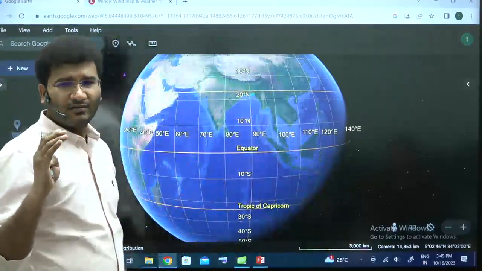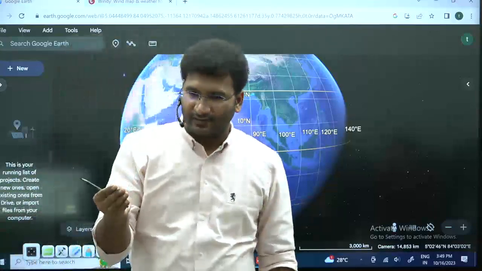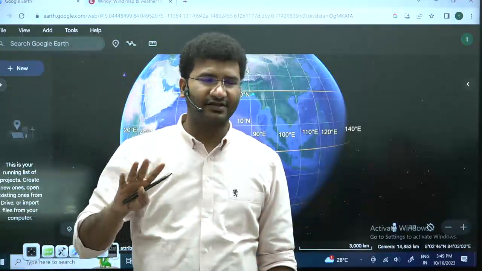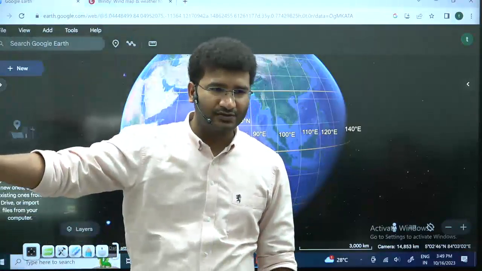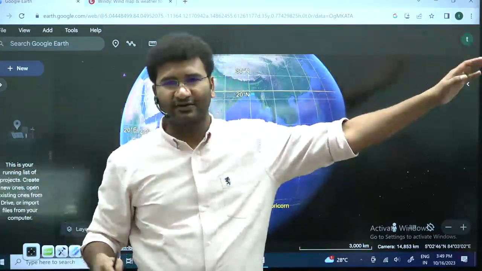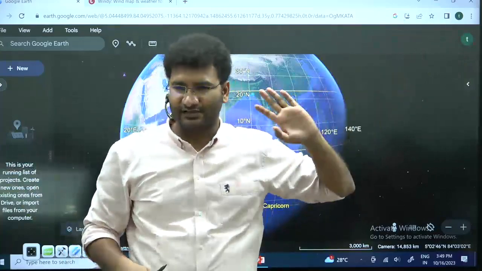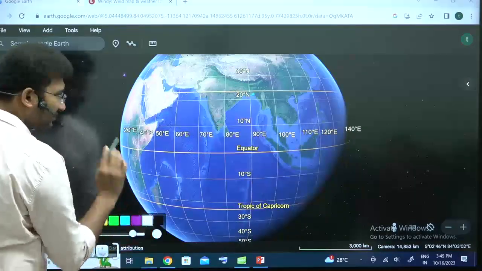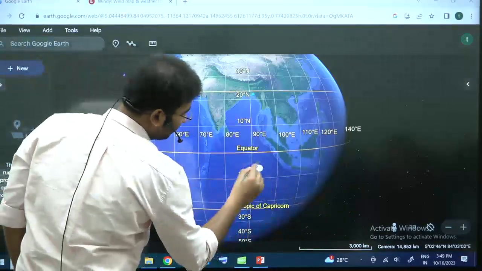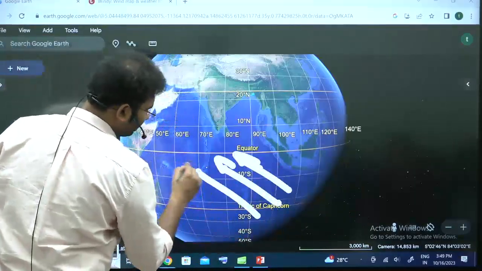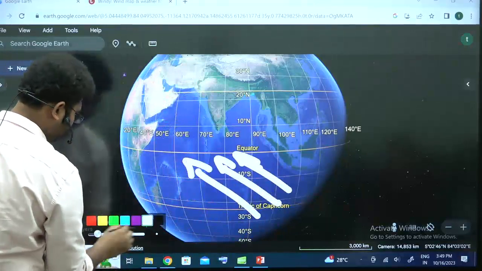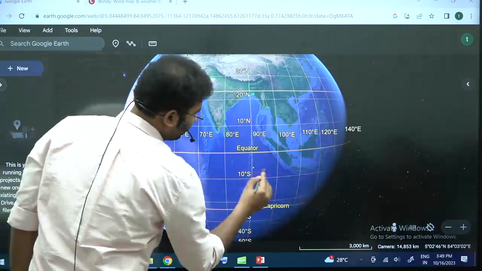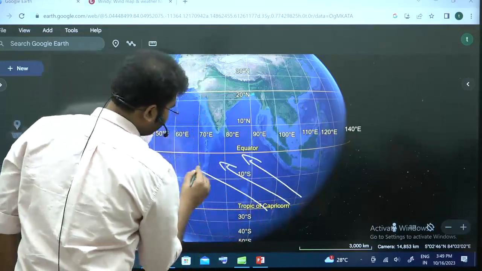And the water contribution or the source of rainfall to India, 70% of India receives its rainfall from southwest monsoons, 30% or 25% from northeast monsoons and western disturbances. So here you have to understand one thing: the winds that are coming to India are actually coming from south.